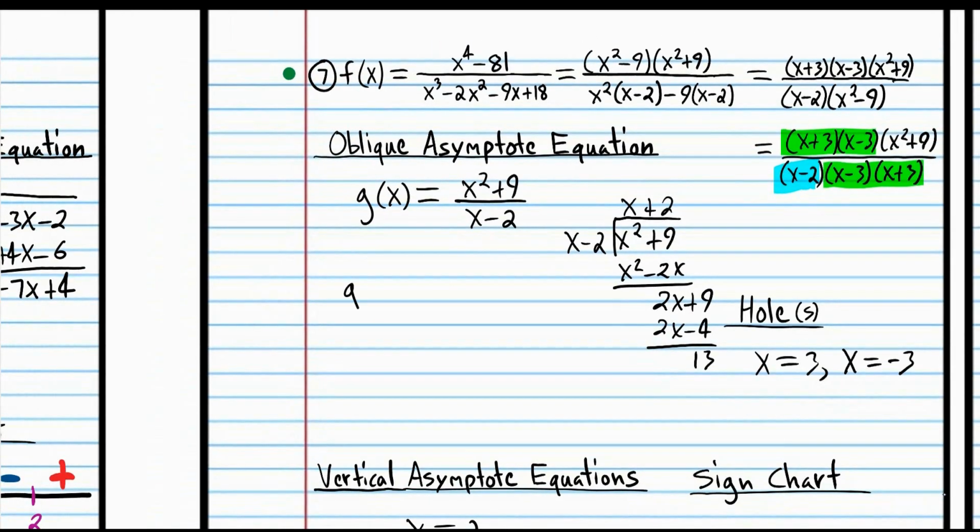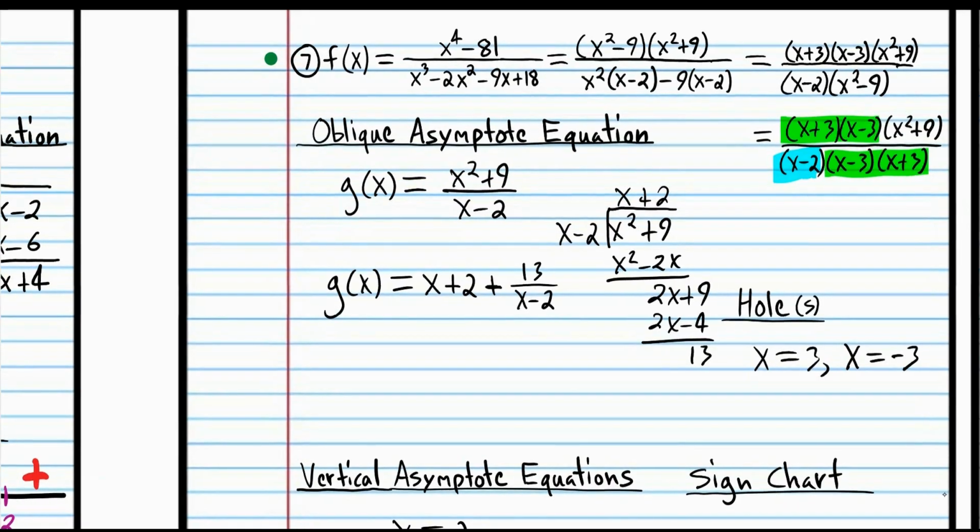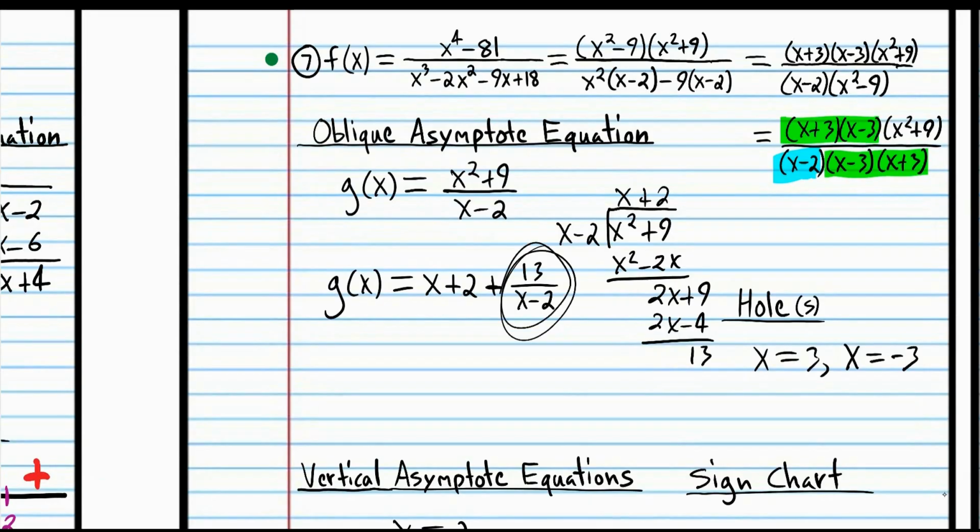So the reduced form of the fraction can be written as x plus 2 plus 13 over x minus 2. And as x becomes really big, this fraction becomes negligible. It approaches 0, which means that this is the equation of the oblique asymptote.